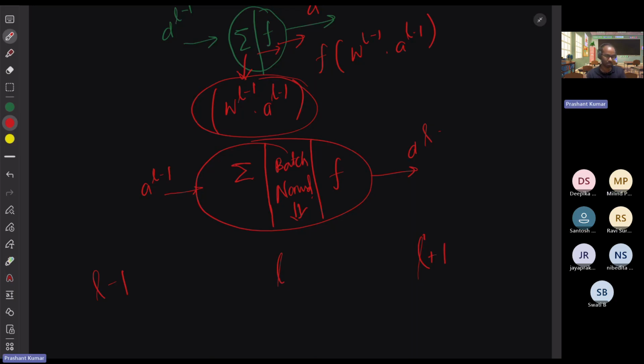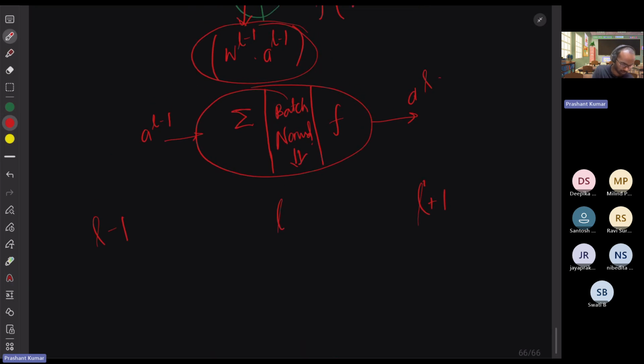Let's say this neuron is taking n number of inputs, so it will have n number of W. And if it's creating m number of outputs, then you will have m number of weights that will go inside here.